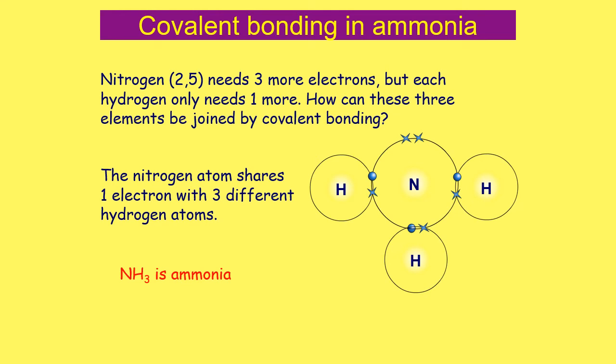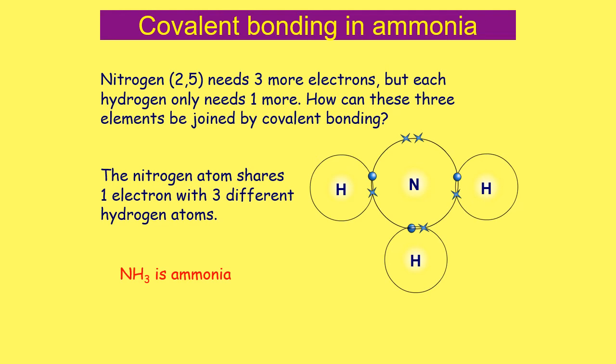So if we look at the diagram on the right-hand side, we can see that the hydrogen on the left-hand side now has 2 electrons in its outer shell, 1 from the hydrogen, 1 from the nitrogen, and so it is stable. The hydrogen at the bottom has 2 electrons in its outer shell, 1 from the hydrogen, 1 from the nitrogen, and it is now stable.